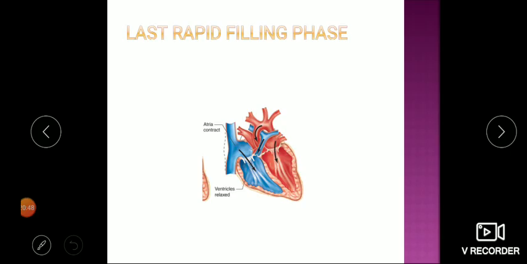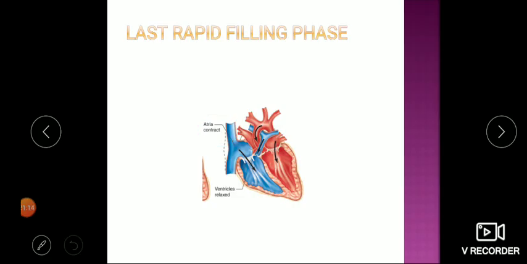After that, the last part of ventricular diastole coincides with atrial systole. Means when diastole is continuing, the atria also contract. The second phase starts, so again more blood is pumped from atria to the ventricle. This also creates a sound called S4 or the fourth heart sound. Again this is not audible by an ordinary stethoscope.